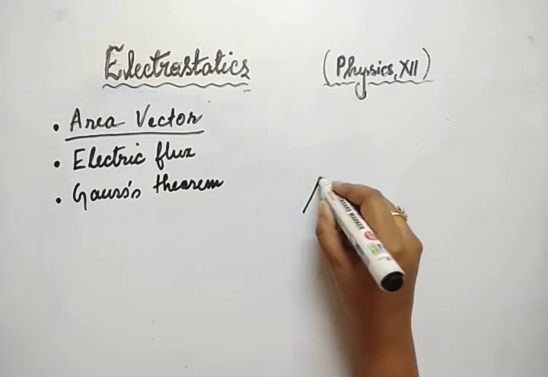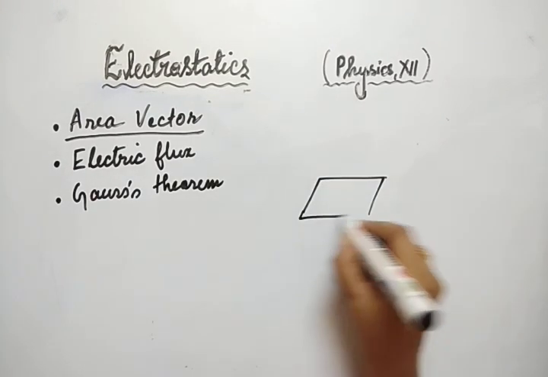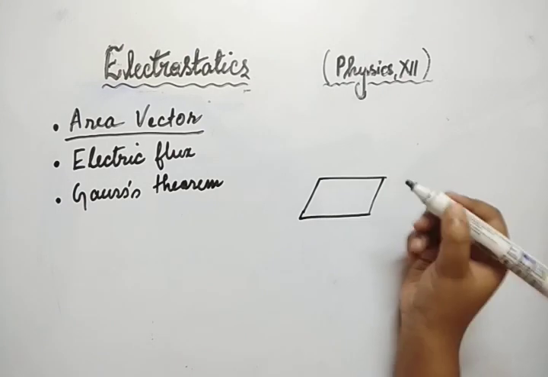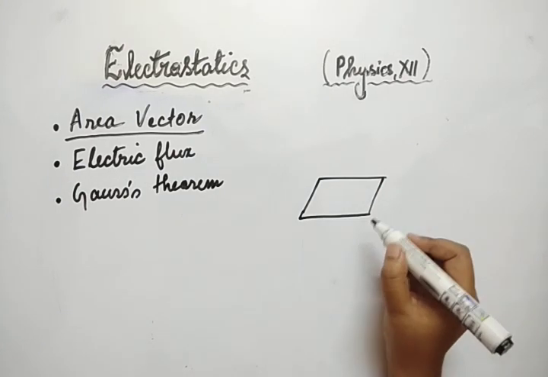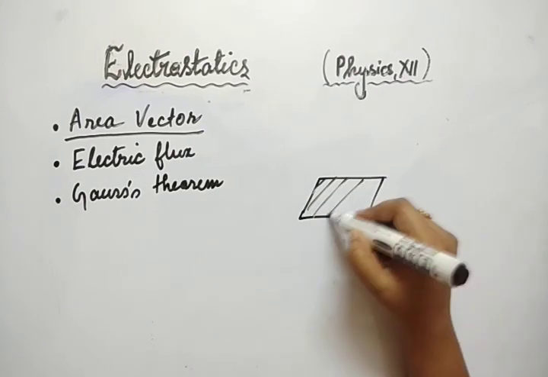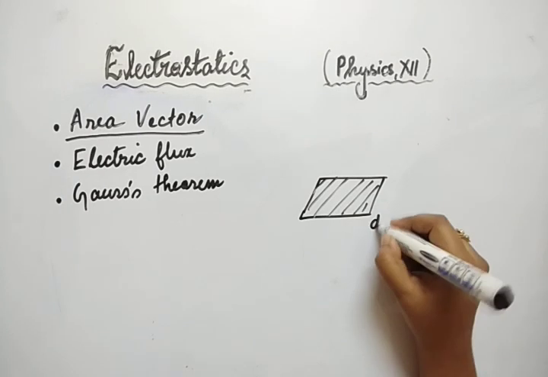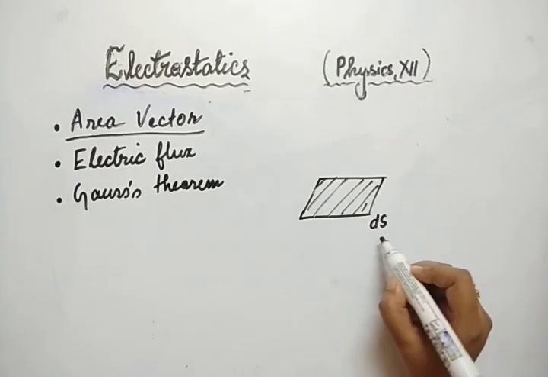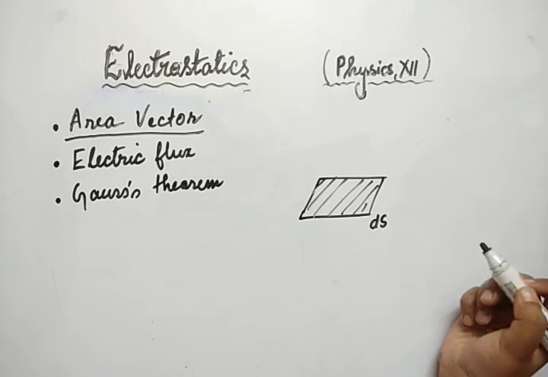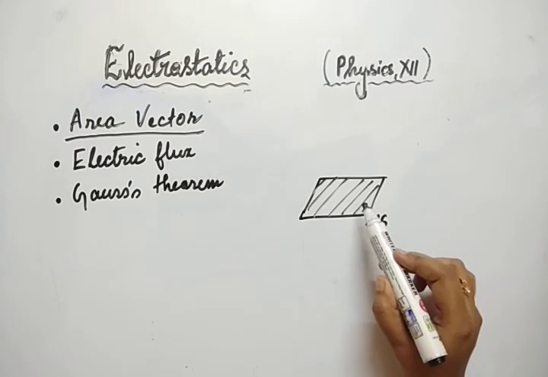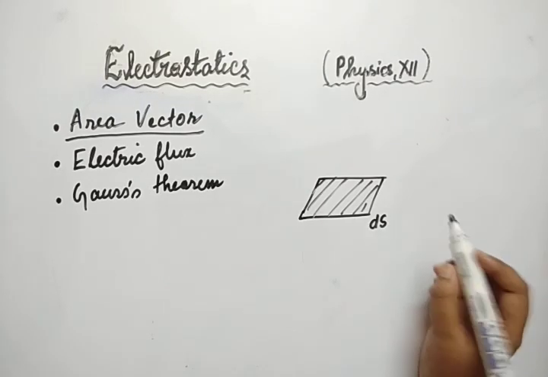Suppose you draw an area given by this, of area ds, and it is a two-dimensional planar area.